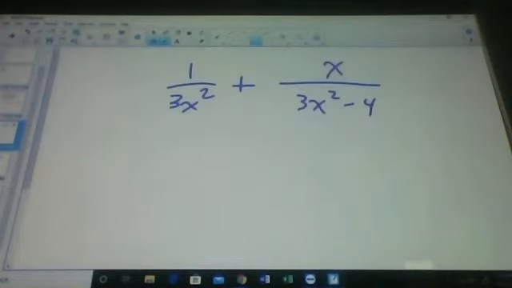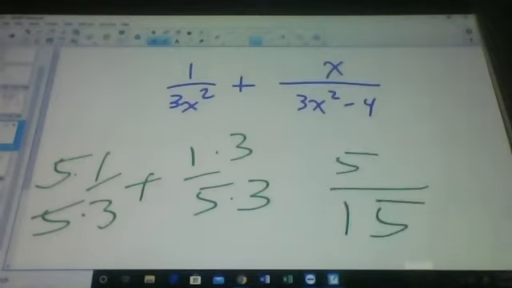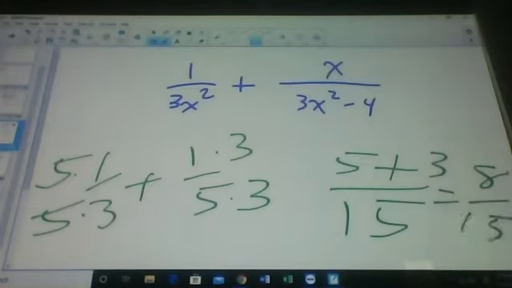So down here, it's like this problem here. 3 doesn't go into 5, 5 doesn't go into 3. So I would simply multiply by the other denominator. And now it would be a common denominator of 15, right? 5 plus 3, 8 out of 15. So this problem isn't going to be subtracting 4. It's going to be multiplying by the other denominator.